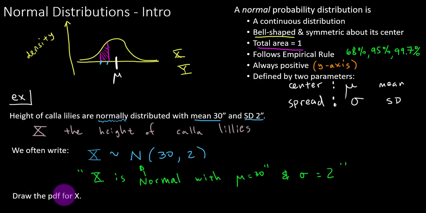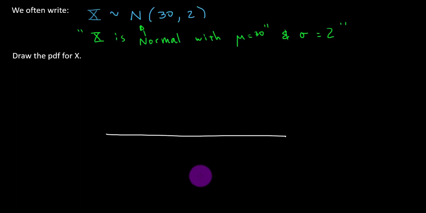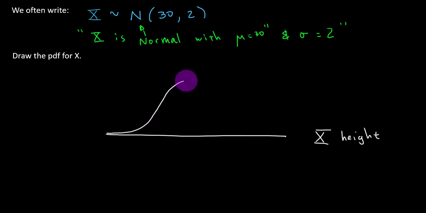Let's draw a probability density function for this variable. Okay, so I've got an axis and I should label it X, or maybe even just height, a little bit more descriptive. And we know that these heights are normally distributed, so I can draw a nice distribution there.